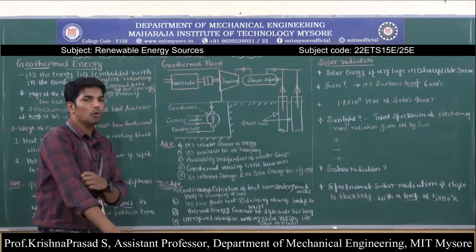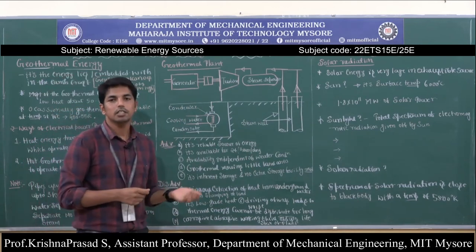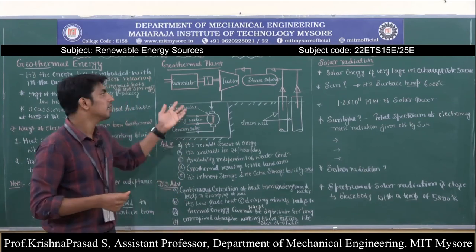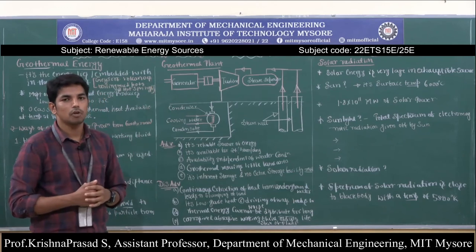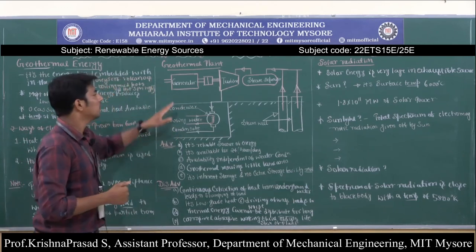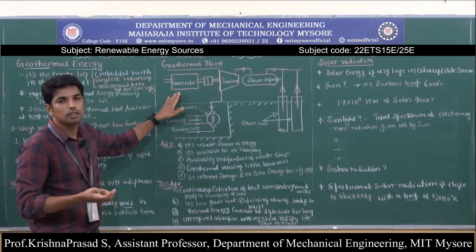Okay, so what is a geothermal power plant? How does it harness the heat energy stored deep inside the earth's crust into electricity? Observe here what the main parts of the geothermal power plant are. First one is the generator, which is used to convert mechanical energy into electrical energy.